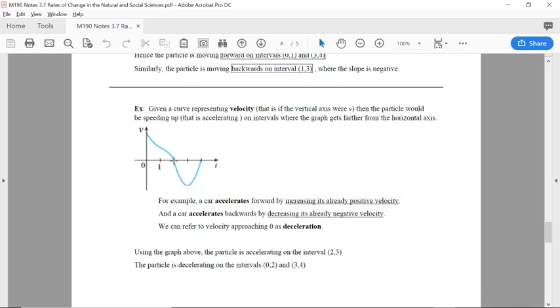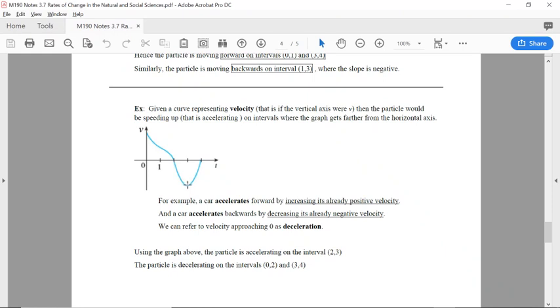Even though acceleration, being the rate of change of velocity, over this interval from 2 to 3 is a negative number, because velocity was negative along with acceleration being negative, this really does indicate that the object was accelerating over the interval from 2 to 3 seconds.